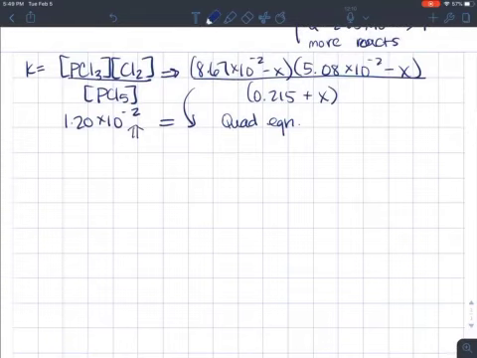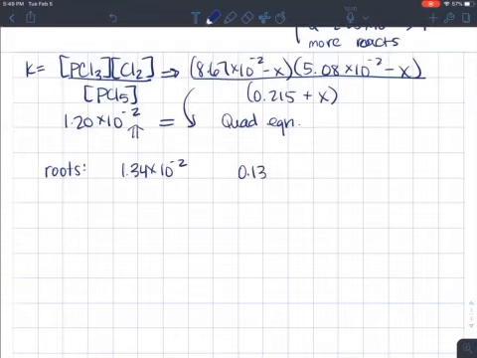Now when you solve for the quadratic equation, you're going to get a positive root and a negative root. And in this case, those roots are 1.4 times 10 to the minus 2, or 0.136. Now remember what the root has to do. The root is equal to x, which means it's equal to our change.